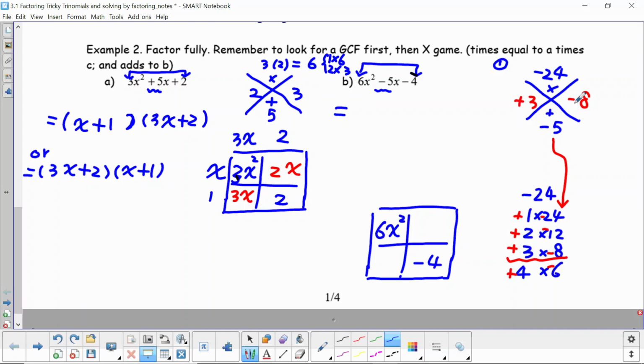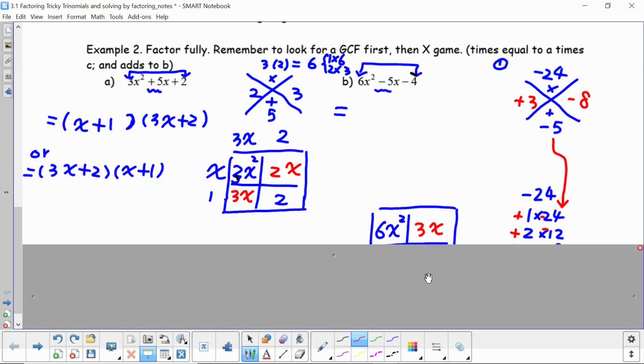The two numbers you found, we put them diagonal. 3x, -8x. These two terms add together to -5x. So we rewrite these three terms into 4 terms. Then we could factor the first row.